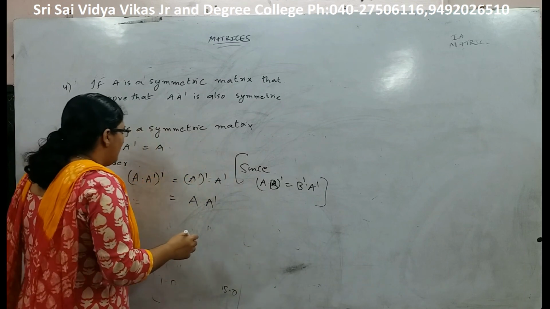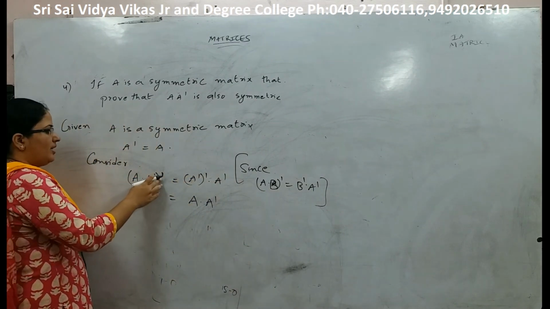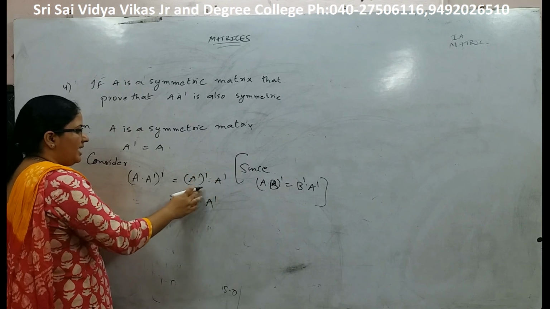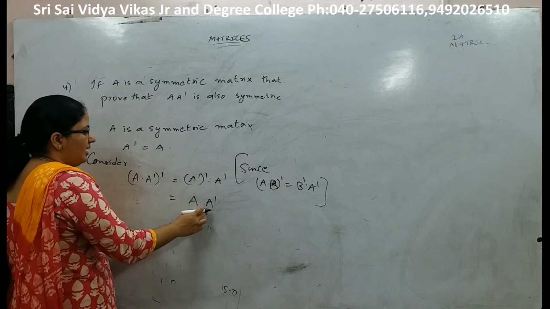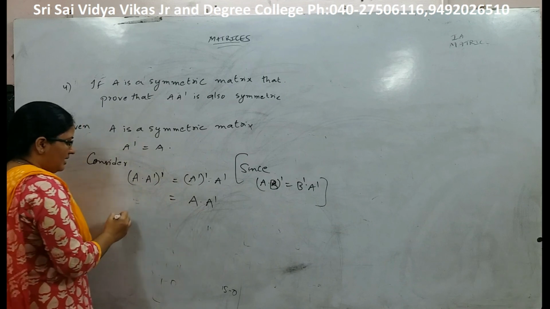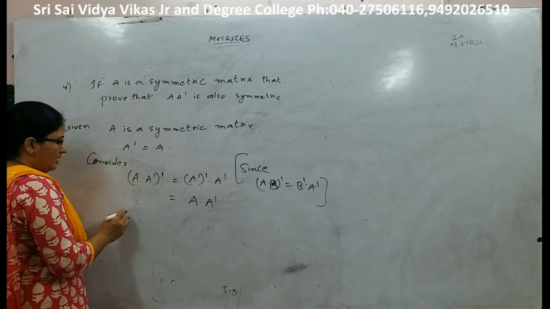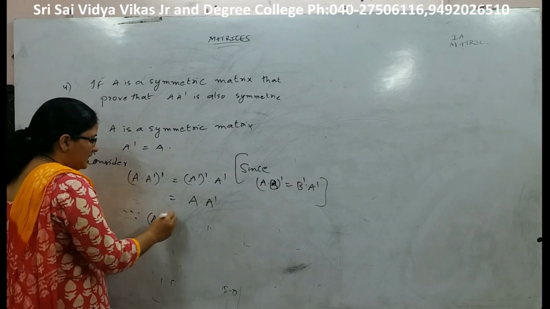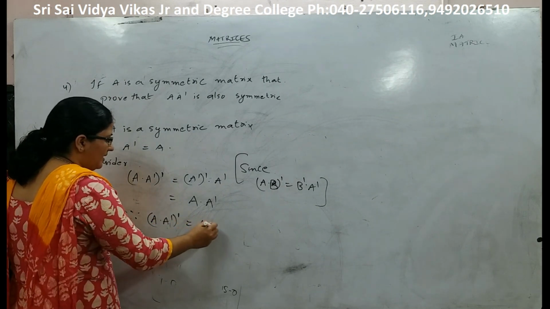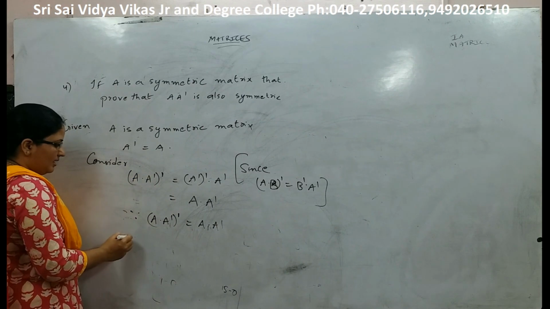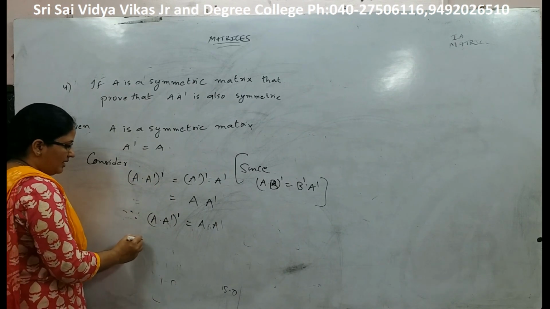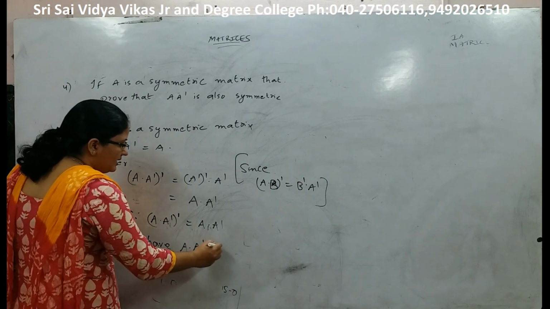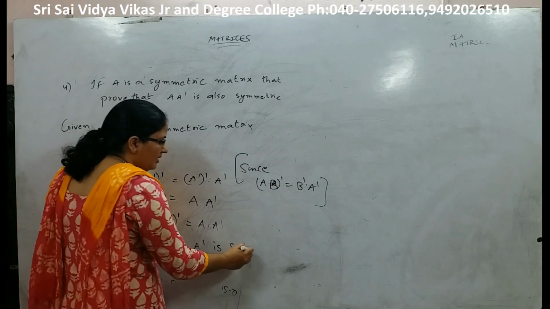So here also A transpose whole transpose is A transpose whole transpose into A transpose. A transpose whole transpose is A, into A transpose as it is. Therefore, since A transpose whole transpose is equal to A into A transpose, we have A into A transpose is symmetric.